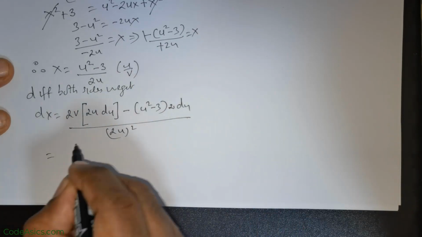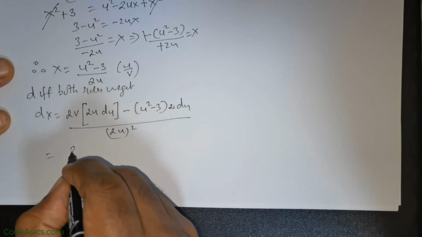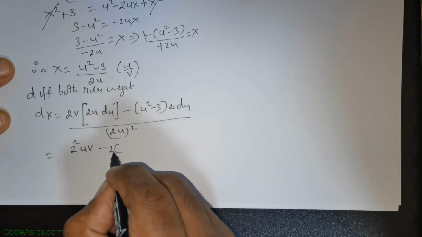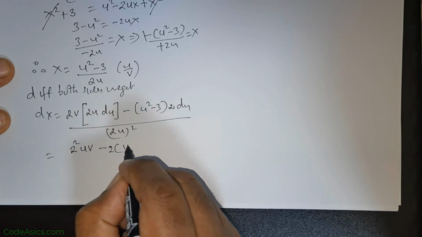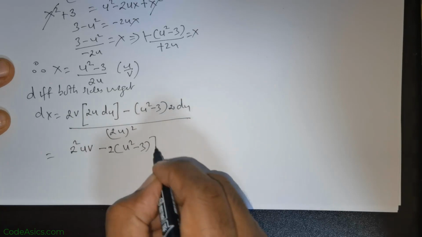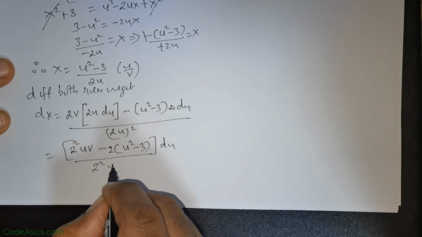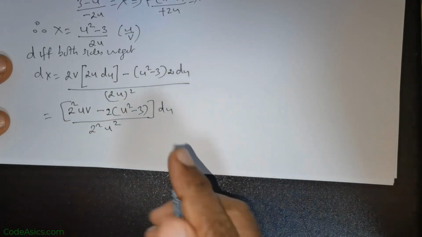Now du is common, so you can take it out. Now this is going to be 2 times u times v minus 2 times u squared minus 3 times du divided by 2 squared and u squared.